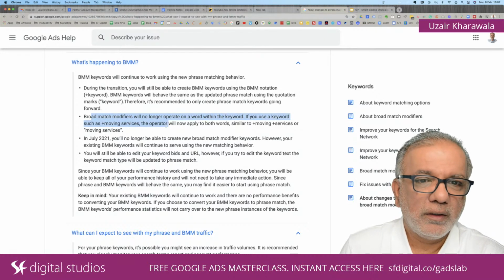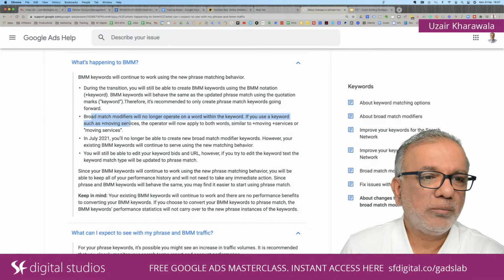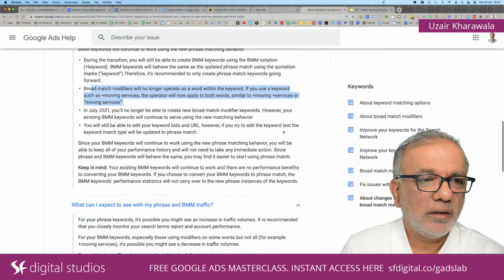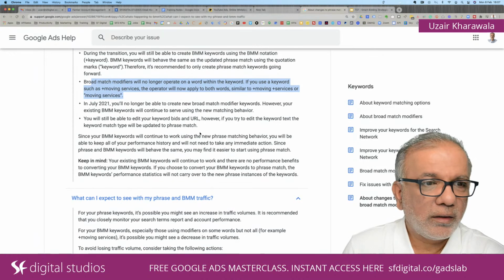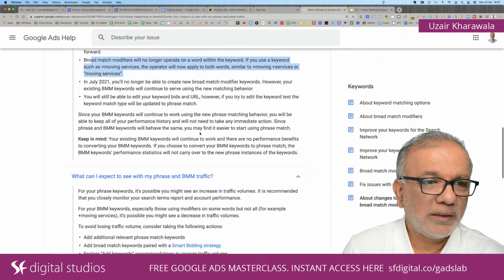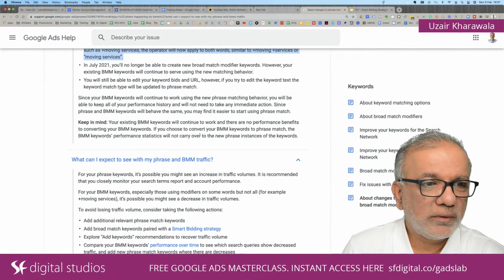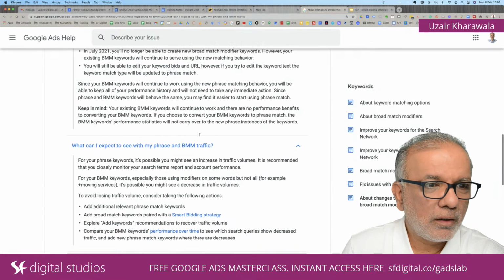So if you use a keyword like plus moving services, the operator will now apply to both words, similar to plus moving plus services or moving services. This is all very generic, pretty much the usual blurb which they put up.